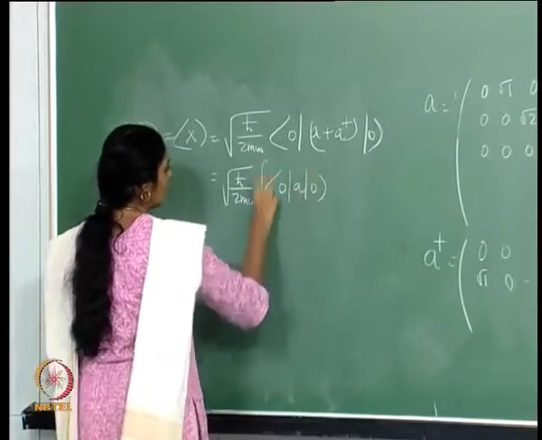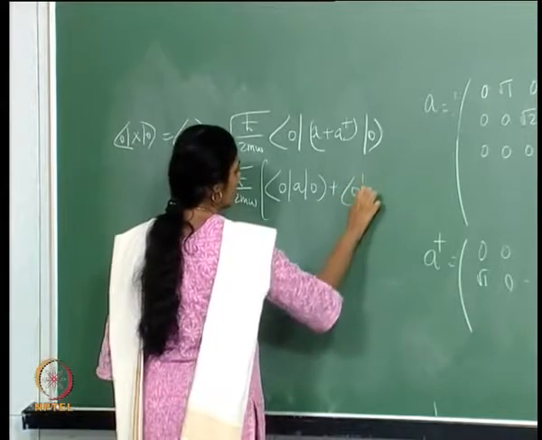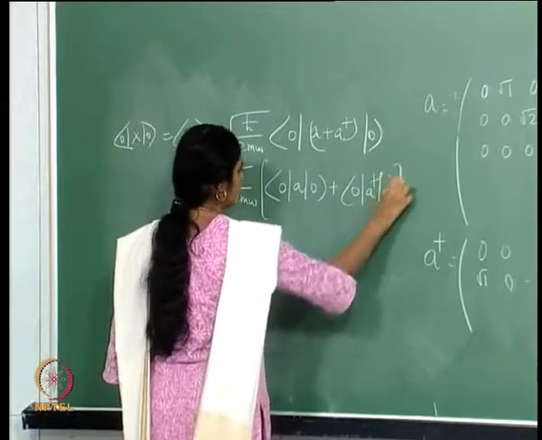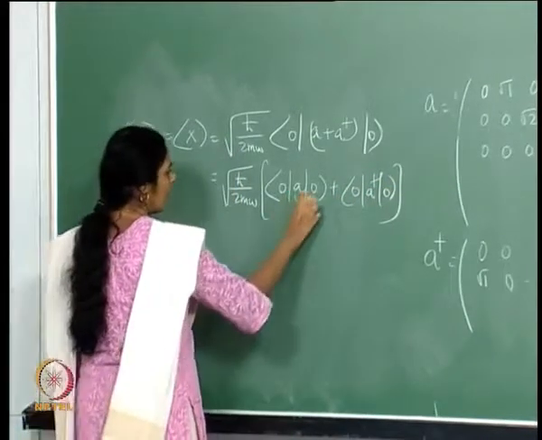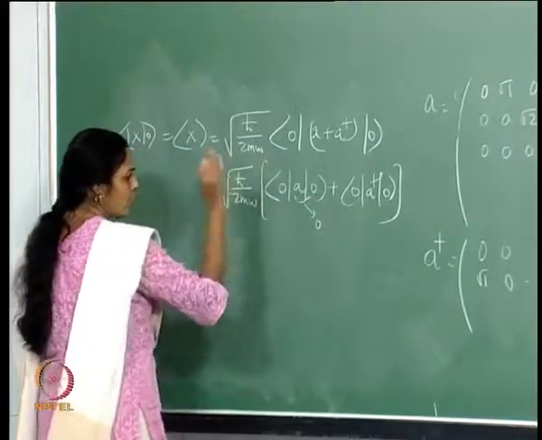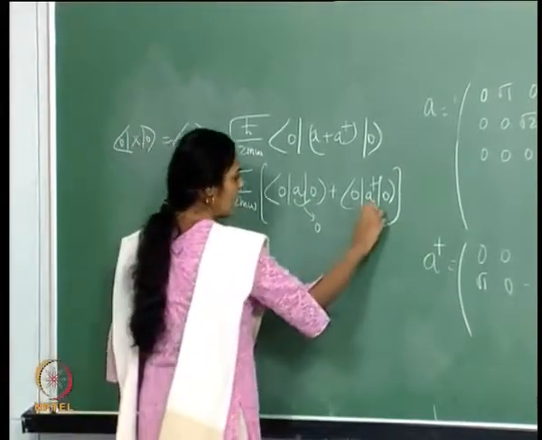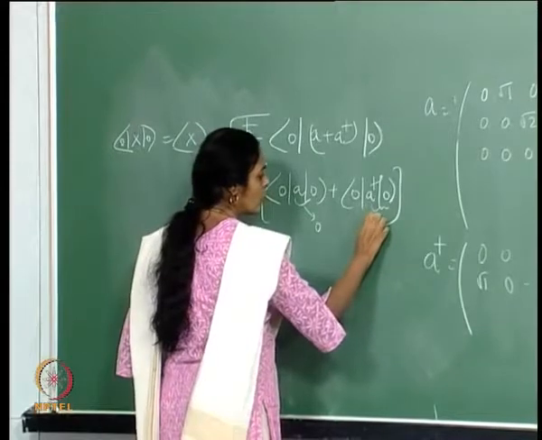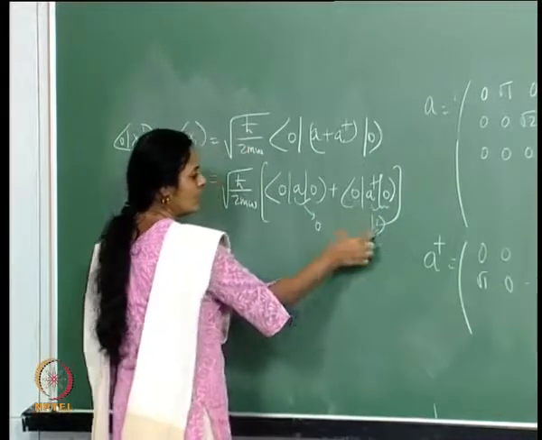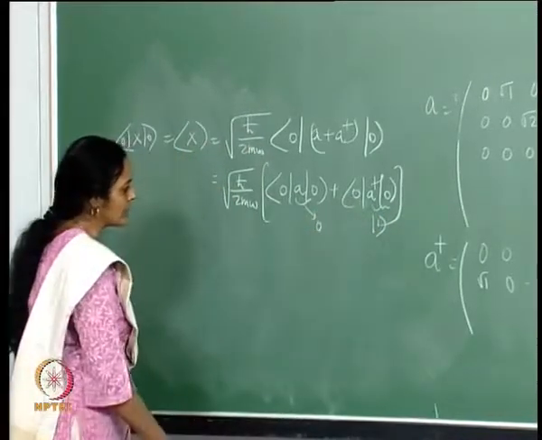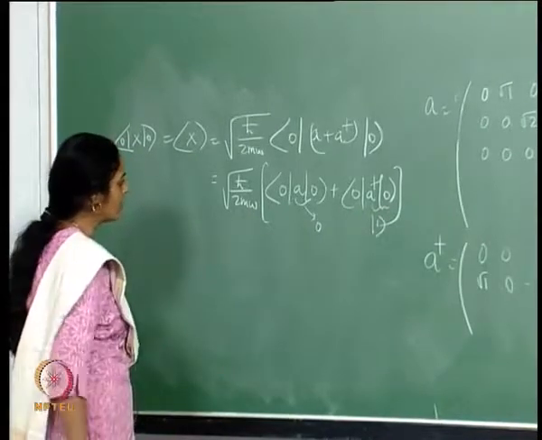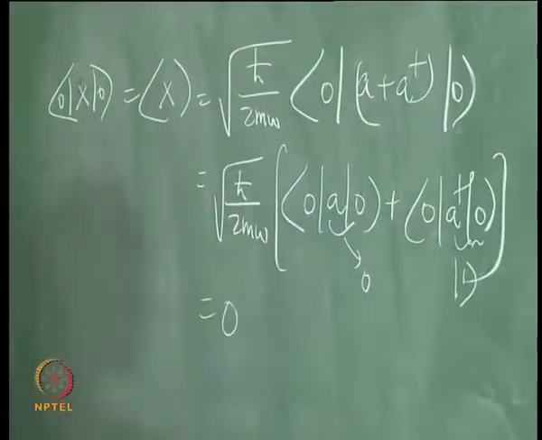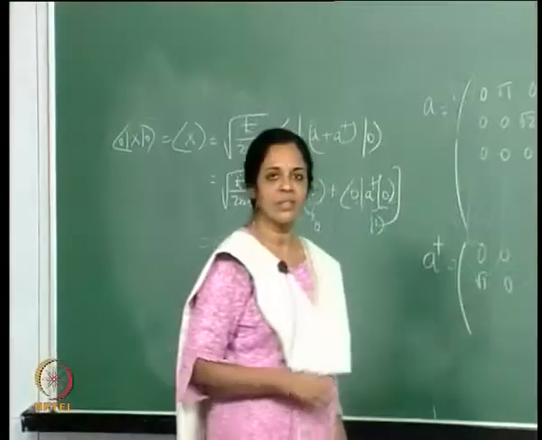So that is the first term and this is the second term. Now a acting on 0 gives 0, so this term drops out. Now a dagger acting on 0 is root 1 ket 1, and because of orthonormality of the states, ket 1 is orthogonal to ket 0 in any case. So expectation value of x in the ground state of the oscillator is 0.